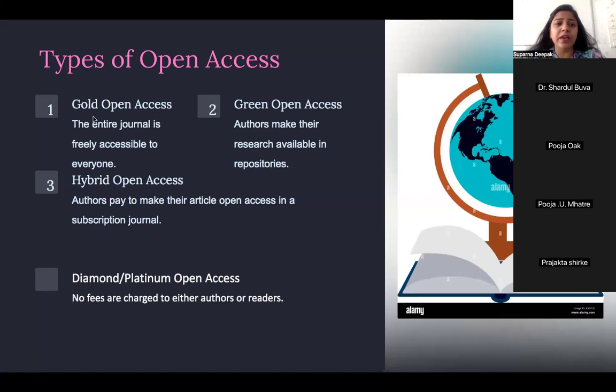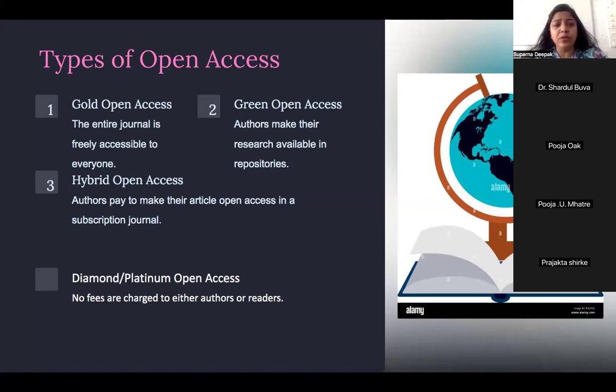First is gold open access. Gold open access means the entire journal is freely accessible to everyone. If I am a reader and I want to access a paper, you must have seen that whenever you check different papers, some are freely available, you can open the PDF and download it. But for some papers you can see only the abstract, and if you want the full-length paper, you have to pay for it.